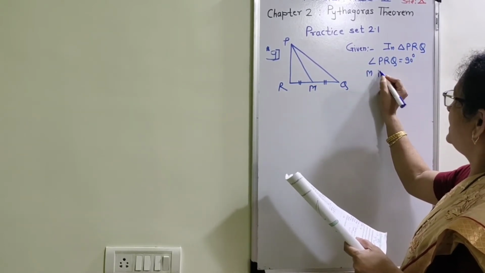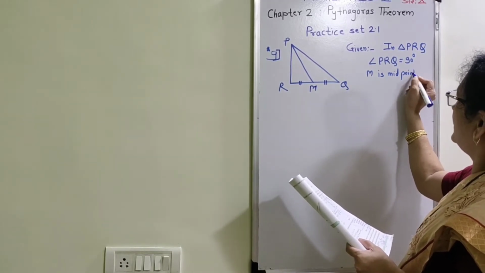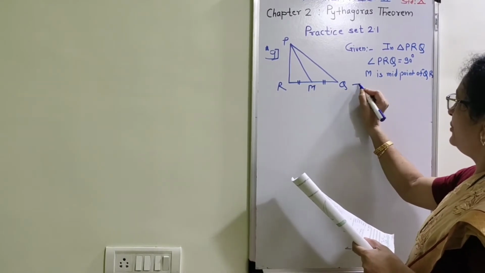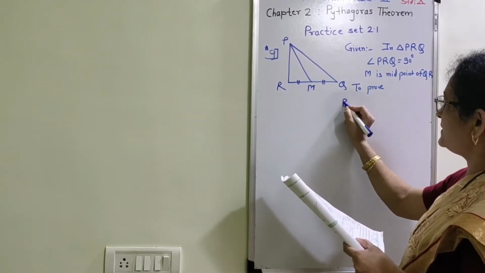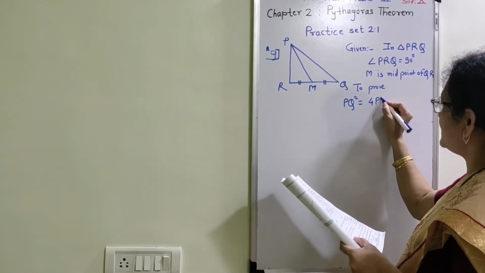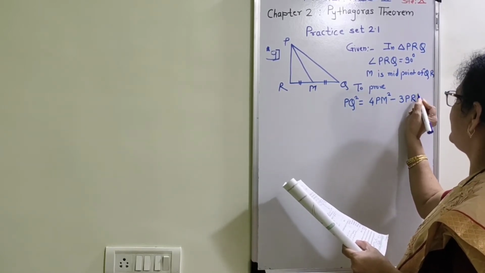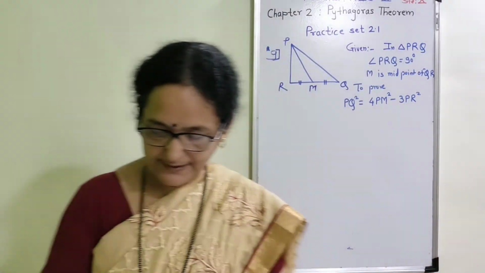M is midpoint of QR. You are going to prove that PQ square is equal to 4PM square minus 3PR square. Example is important, may be included in our exam.